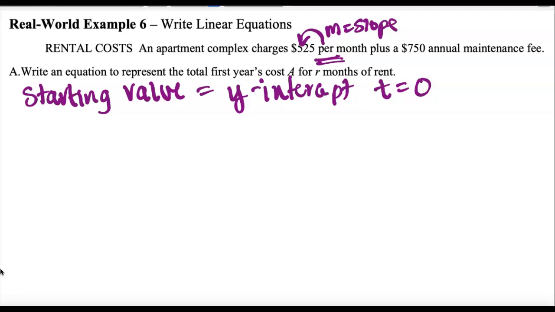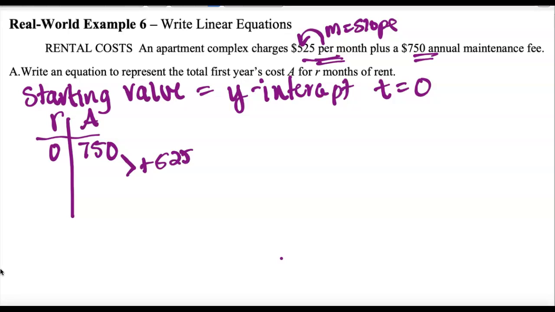Okay, so let's think about this. I'm going to rent an apartment for months, and so R is going to be months, and my cost is going to be A. At my starting value, at time 0, I'm going to have to pay this $750 annual fee. So that means that's my y-intercept, and this is telling me the slope, that it's going up by 525 every month.